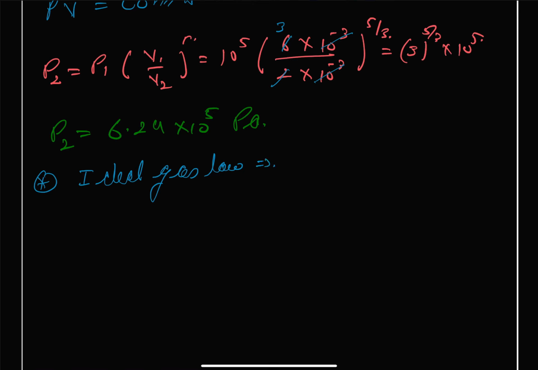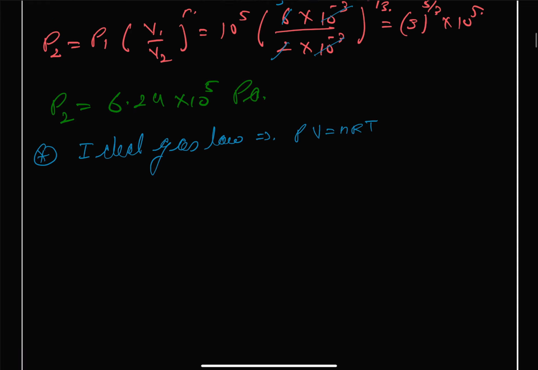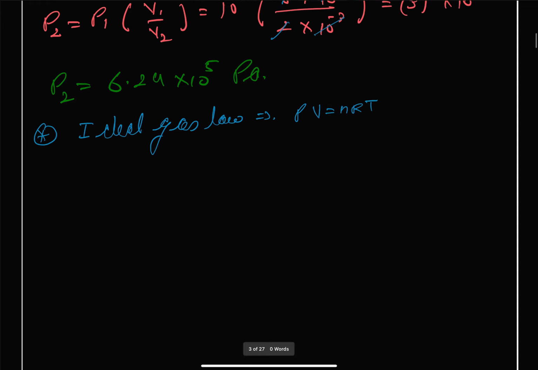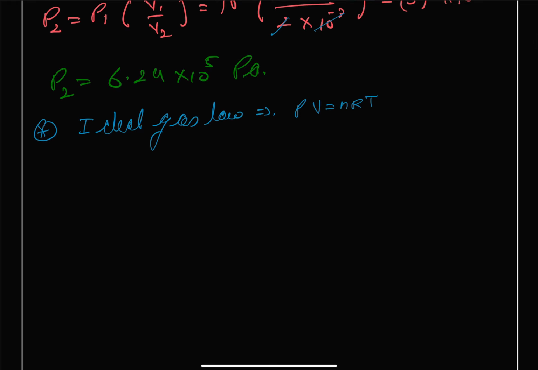This gives us that PV is equal to nRT, and we can apply this ideal gas law to the final as well as the initial condition. So for the initial state, we can write T1 is equal to P1 V1 divided by nR.